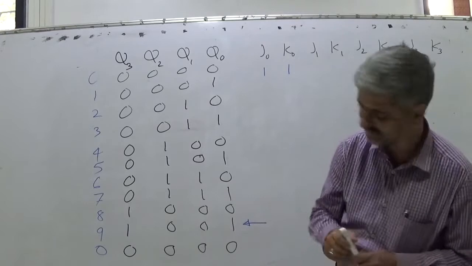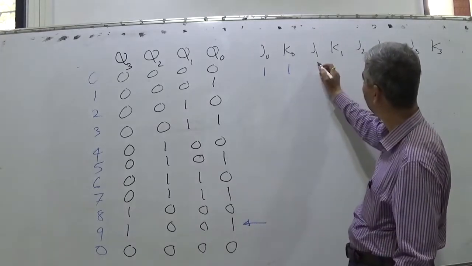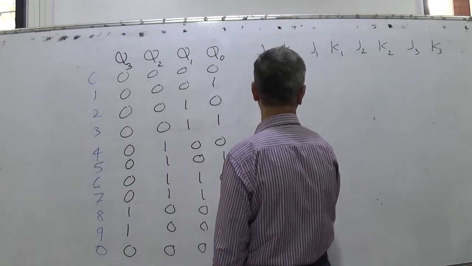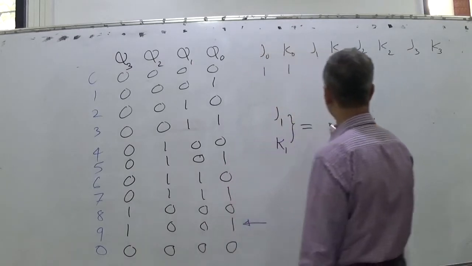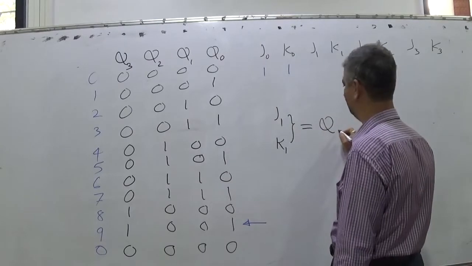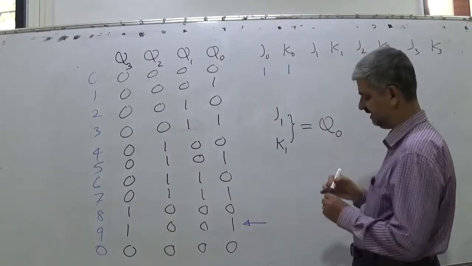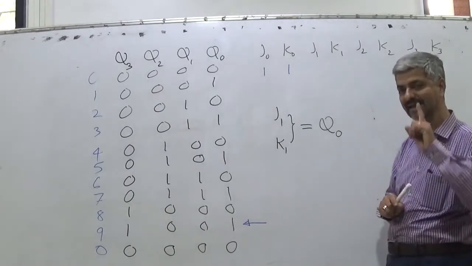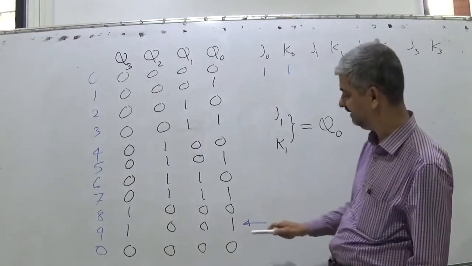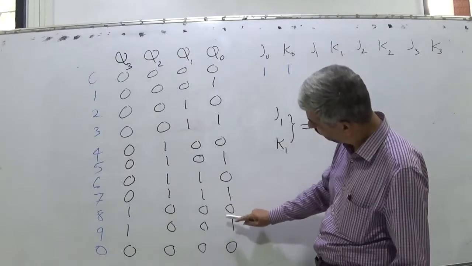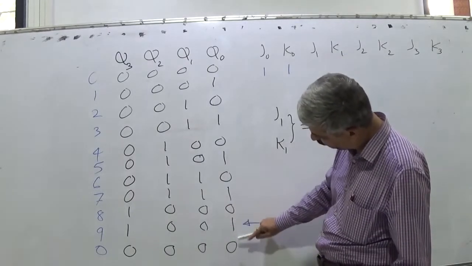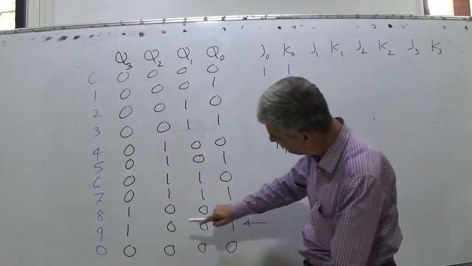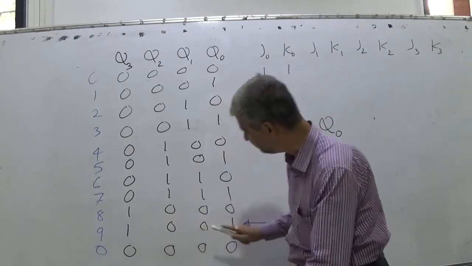So J1 and K1 would both have been equal to Q0, except that from state 9 to 0, Q0 is 1, but these are 1, 0, 0.